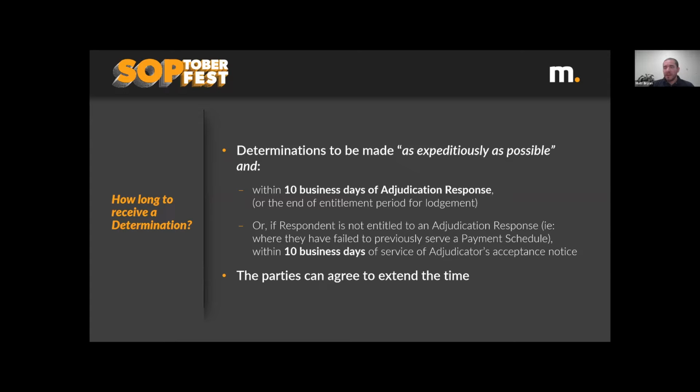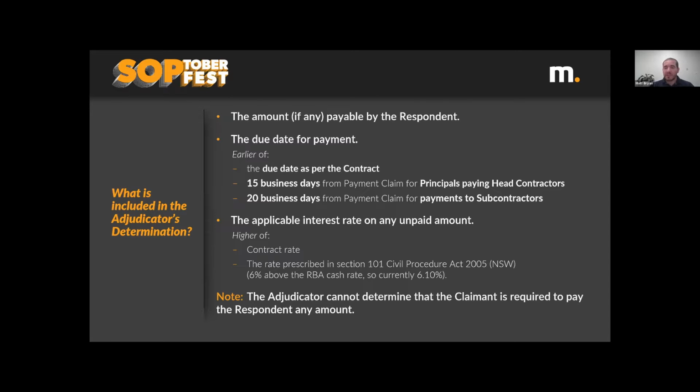For example, variation claims and things like that. If it's going to be a situation where the adjudicator can't physically go through all the material and come up with a proper decision, he or she might ask the parties to extend time, and that can happen by agreement. So once you have your adjudication, in terms of what that looks like, just moving on to the next slide, Pat.